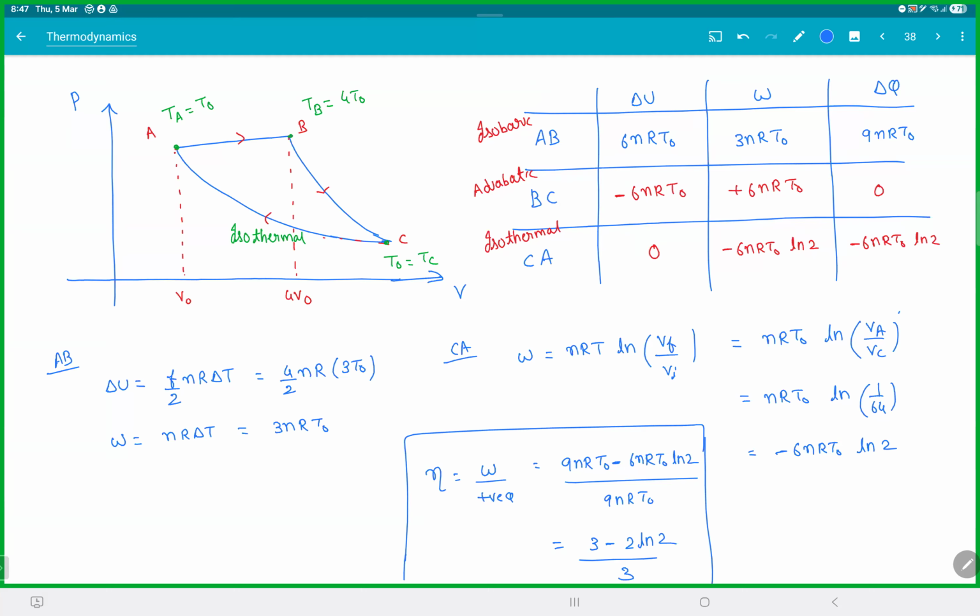Like I said, once you know the formulas, temperature, you're done. You'll get everything you want. Have a look at this page.